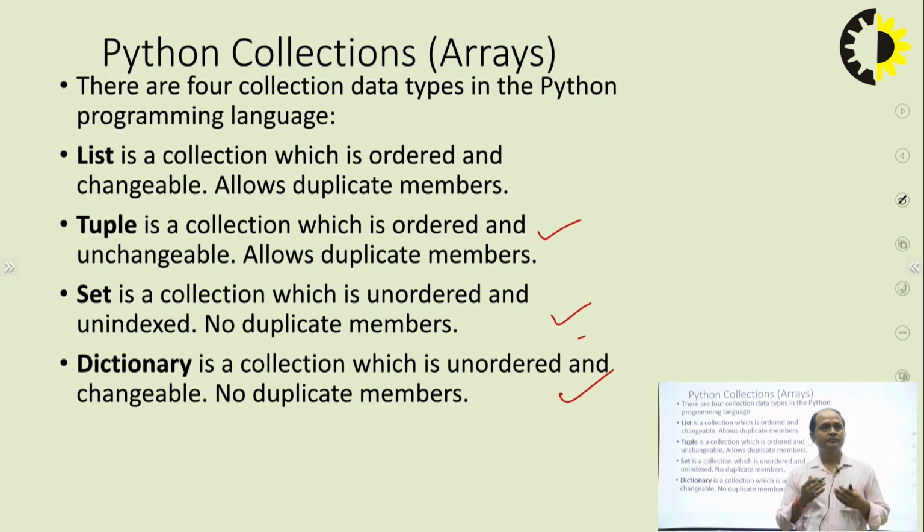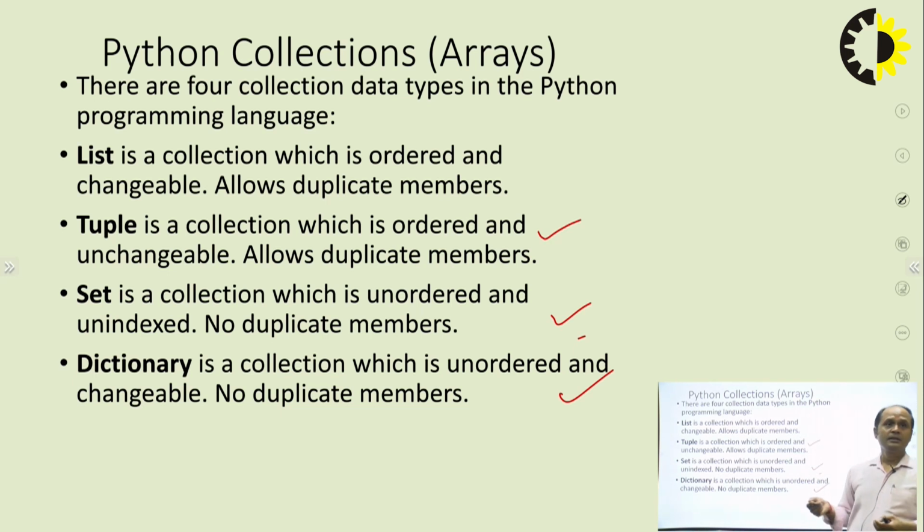When the collection is unordered and unindexed with no duplicate members, it is called a set. And a dictionary is a collection which is unordered, changeable, with no duplicate members.